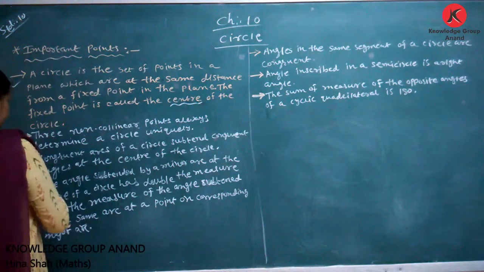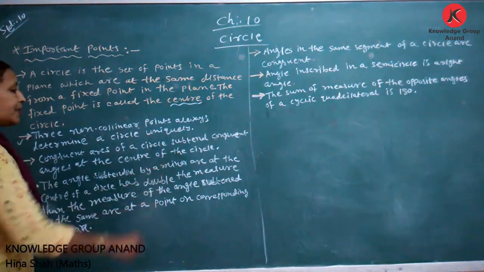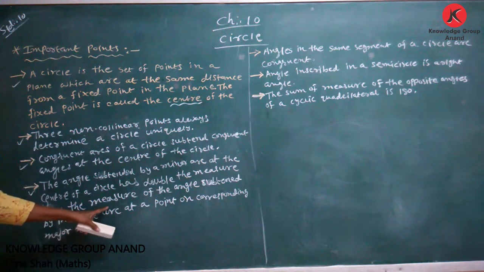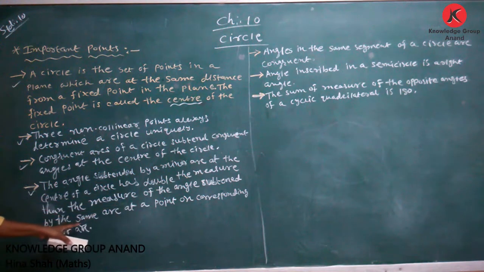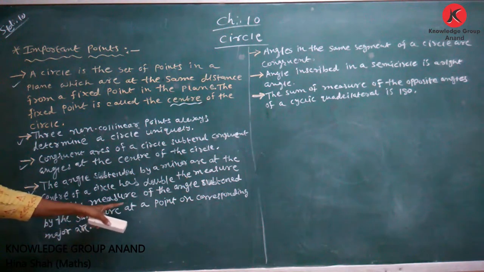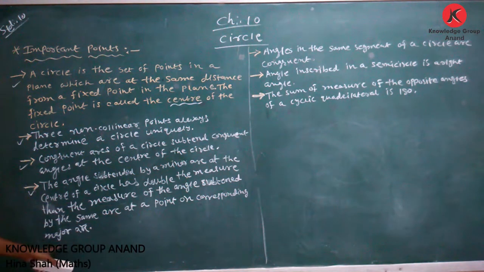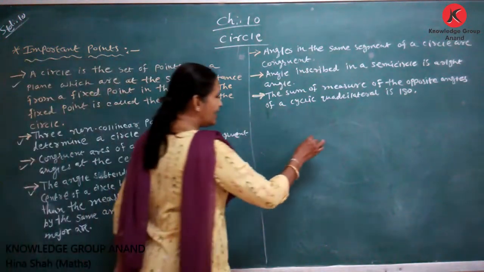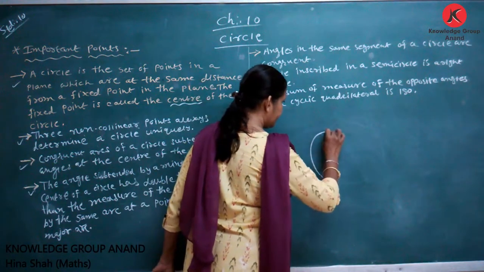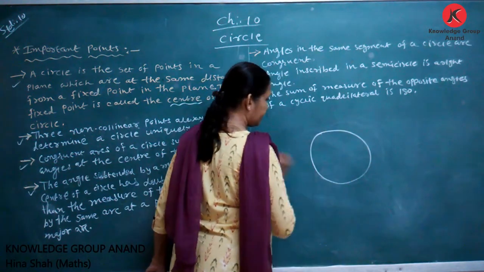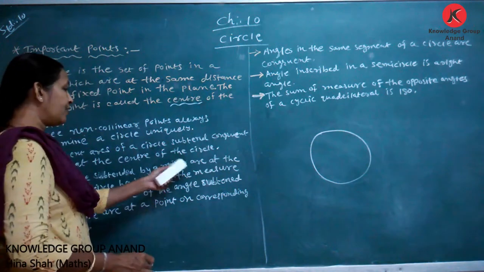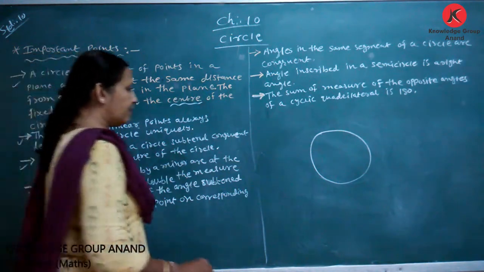Next number. The angle subtended by a minor arc at the center of the circle has double the measure of the angle subtended by the same arc at a point on the corresponding major arc. It is like this: the angle subtended by a minor arc at the center of the circle.